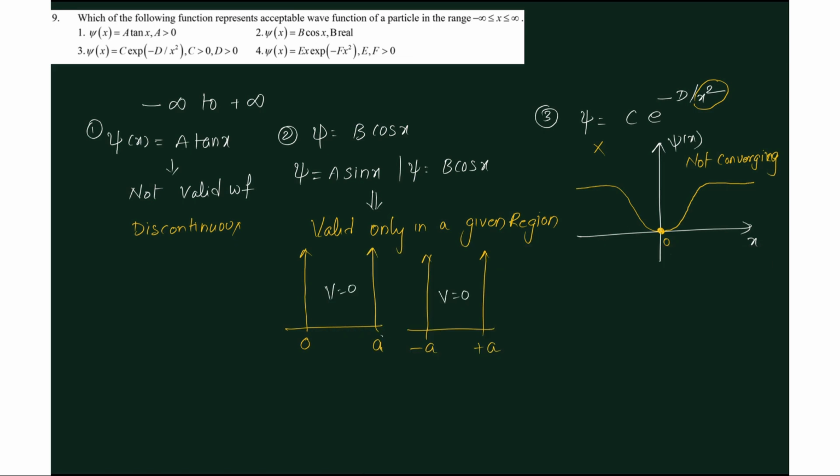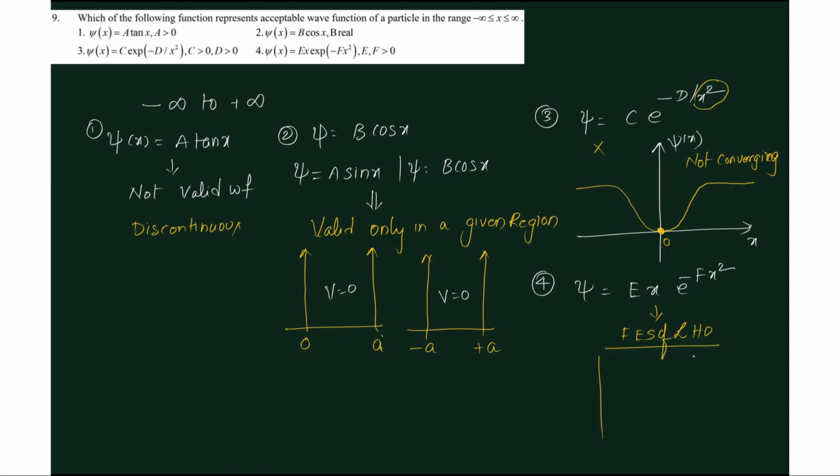Next, the fourth one. This is psi of x equal to some constant x times e raised to minus f x square. This we will study later. This is nothing but the first excited state of the linear harmonic oscillator.